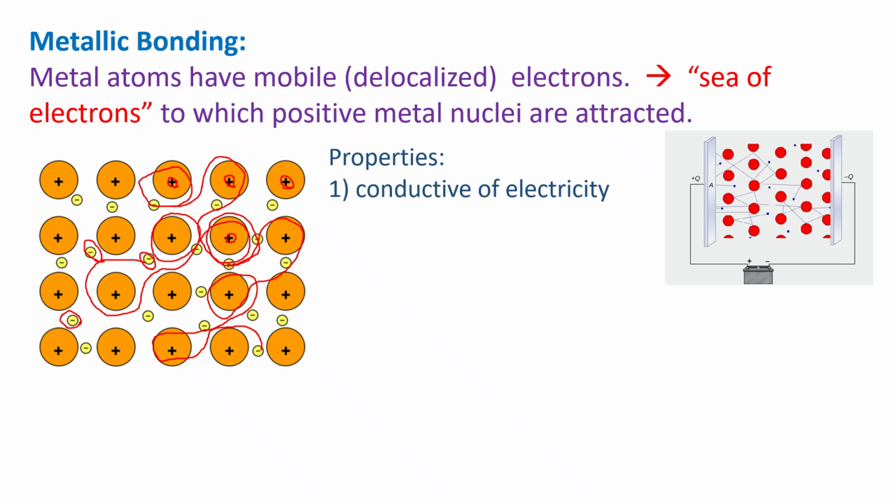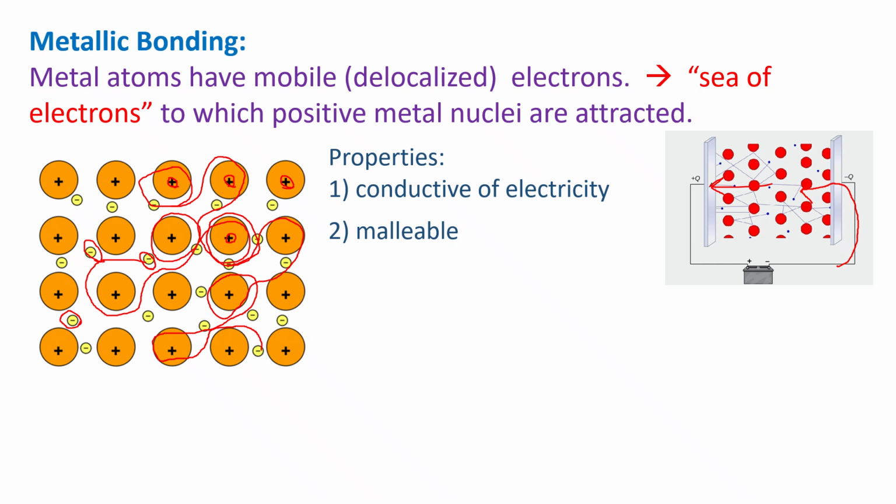And so they're going to be attracted to the positive side, and then more electrons can be drawn into the metal. As it loses electrons to the left, it's going to replace those electrons to the right from the battery, and that flow of electrons is conducting electricity.